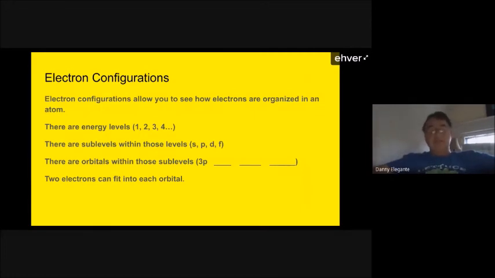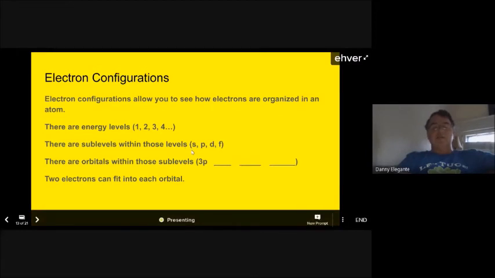The first energy level is the closest to the nucleus. The second one is a little bit farther out. Third one's a little bit farther out, and so on. Now, for every energy level, you can have sublevels. So, for instance, there's S, P, D, and F. That means that there's a 1s, because in the first energy level there's an S sublevel, and there's a 2s, a 3s, and a 4s.